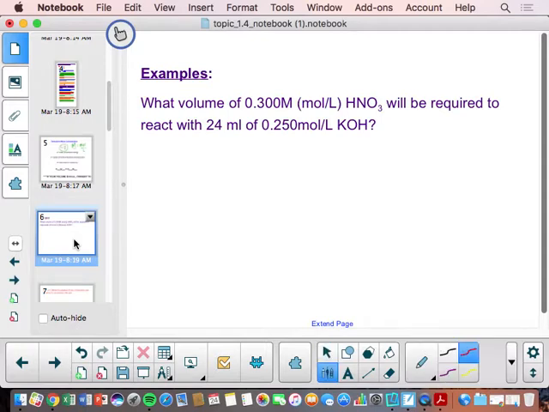So they're giving us a concentration, and a volume. So the formula we're going to use is this C acid, V acid is equal to C base, V base, right? We're going to use that one. We're going to solve for the missing one.